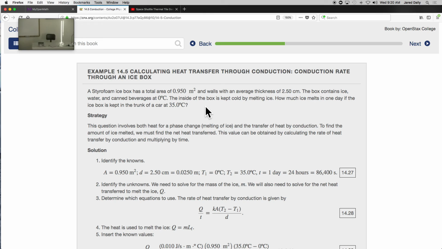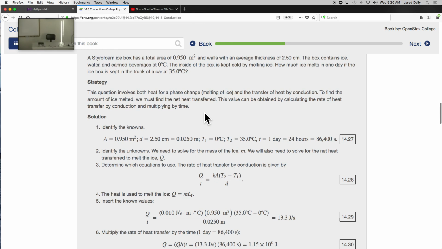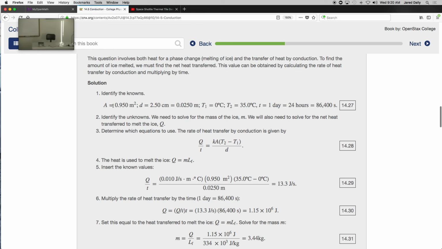We have to ask ourselves what kind of heat is flowing, right? We have a temperature difference, and we know the area, we know the distance, which is the thickness. We also know the inside temperature and the outside temperature. We know how much time is going to go by, and we want to know Q, essentially, right?